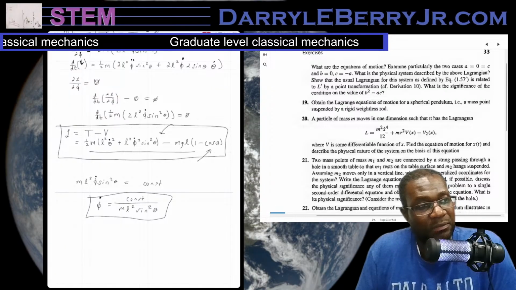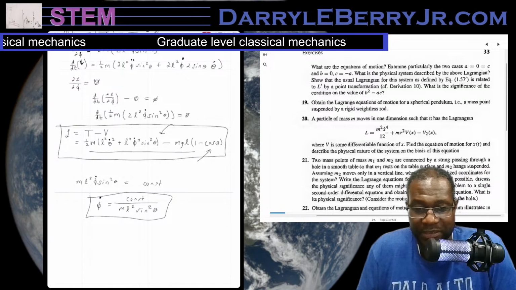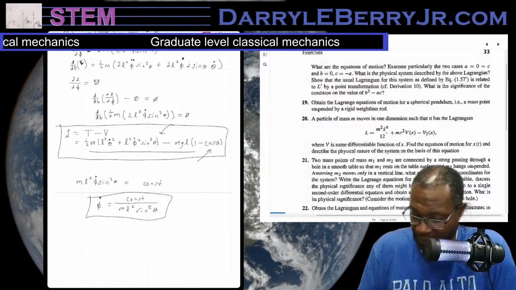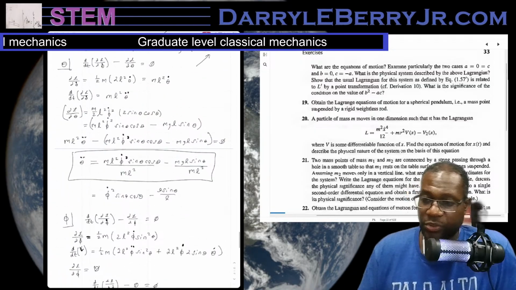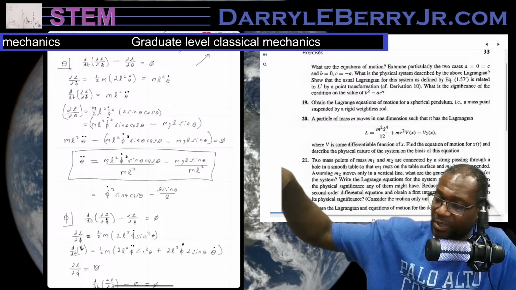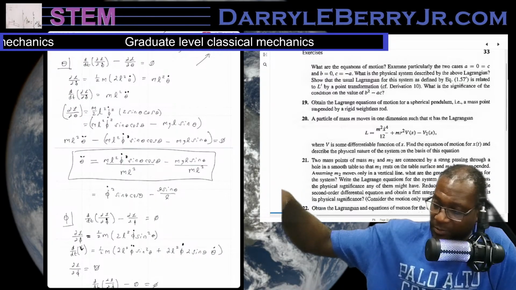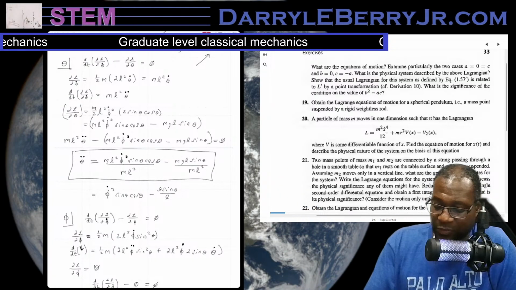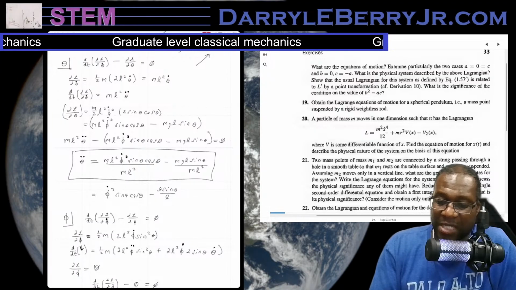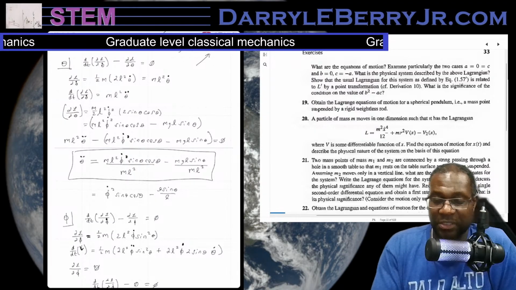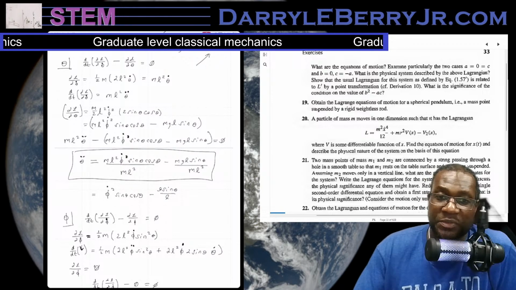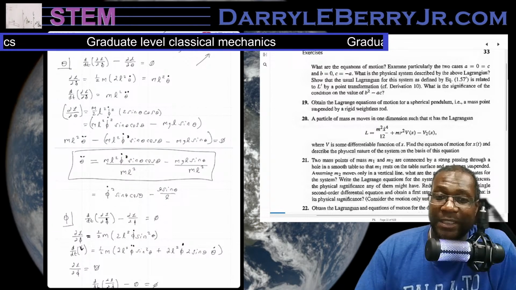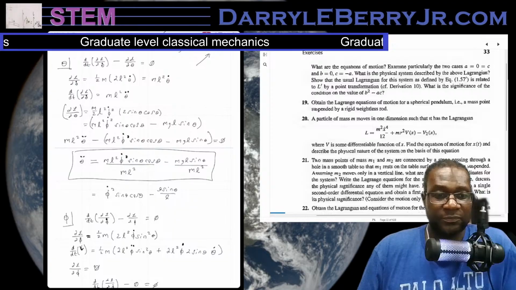So if it is spinning around its z-axis, it'll be constant. There's no force affecting it. But theta is changing because when it reaches its apex of its swing, it stops, then it speeds up. When it reaches the bottom of its swing, it's going as fast as possible. 100% of the energy is kinetic energy, 0 potential energy, and it slows down as it goes up. So the theta is constantly changing.